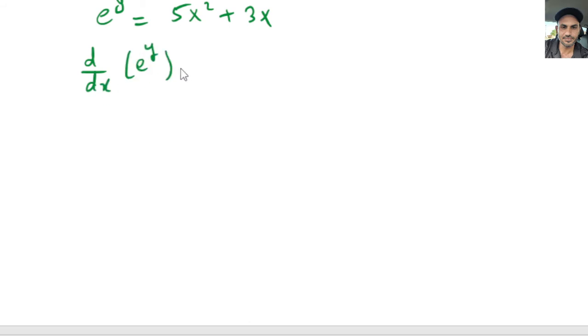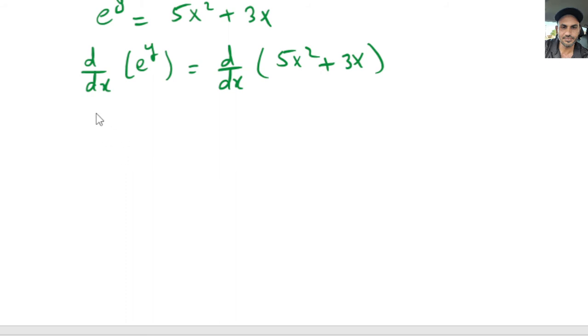All right, so now e to the y equals 5x squared plus 3x. Now we take the derivative on both sides. d over dx of e to the y equals d over dx of 5x squared plus 3x.